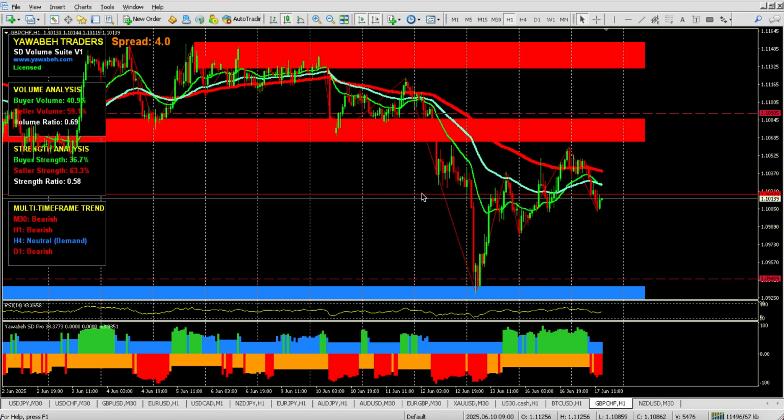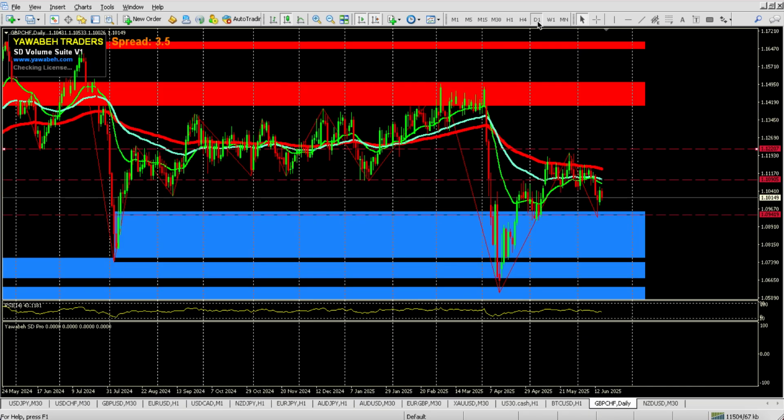If we look at H1, we got a bearish signal. On M30 also we got a bearish signal, and on the daily time frame it is also bearish, but on H4 it shows neutral demand. So based on M30, H1 and D1, we got three time frames that refer to short positions.